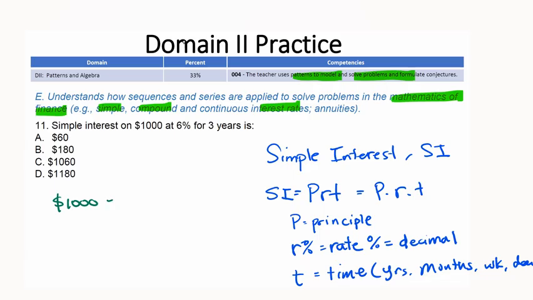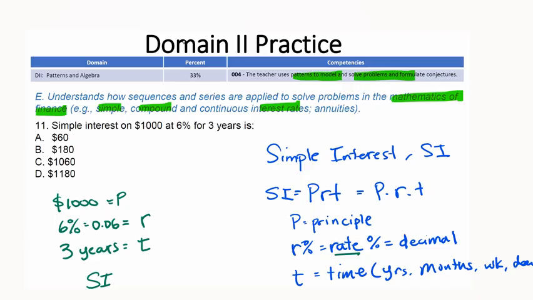Good. 6%, I said always convert it to a decimal. Is this P, R, or T? The rate. And finally, 3 years. P, R, or T? T. Now we're going to solve it.